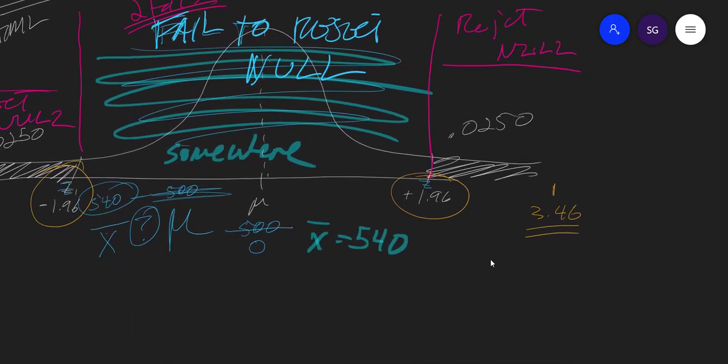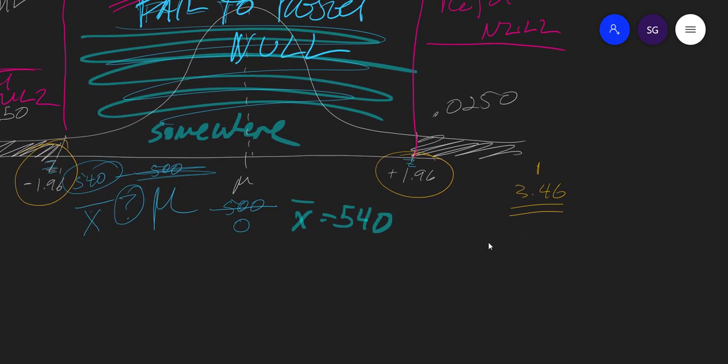Let me scoot this over so everybody can see it. I am way off on the right-hand side. Anything on the right over here, I'm going to reject. My z is right of this guy. And so my conclusion is to reject the null. That is step 9.